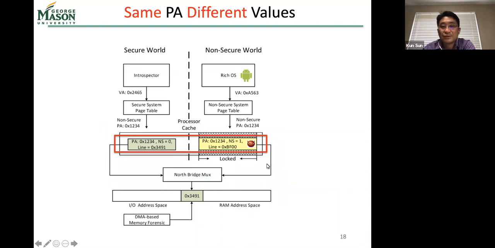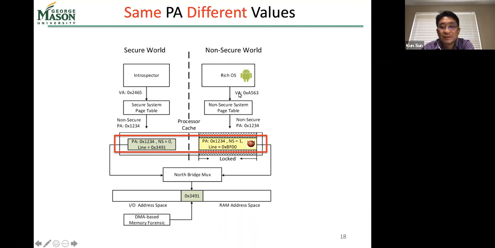So this one shows an example for the secure world and non-secure world, right? Even if they access the same physical address, say 0x1234, we see there are two cache lines. One has NS equals 0, belonging to the secure world, and the other NS equals 1, the non-secure world. So even if they point to the same physical address, their content could be different.